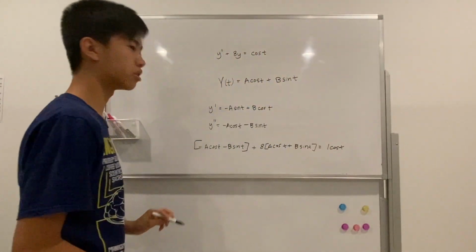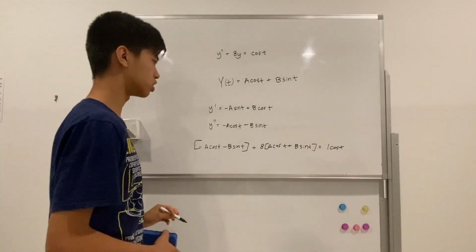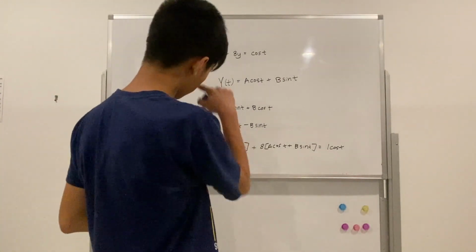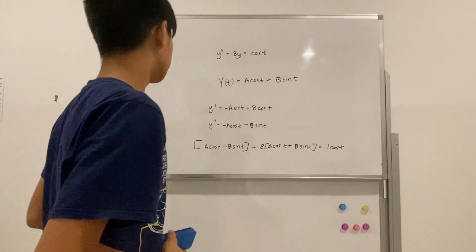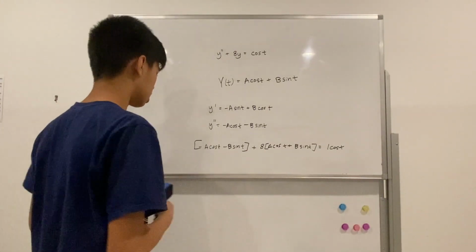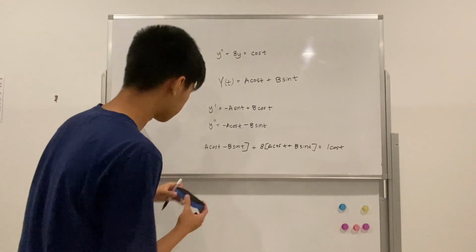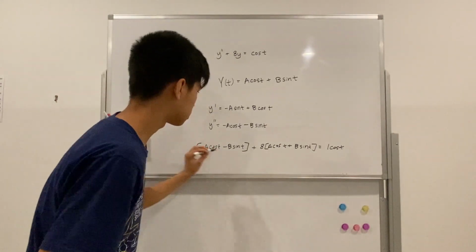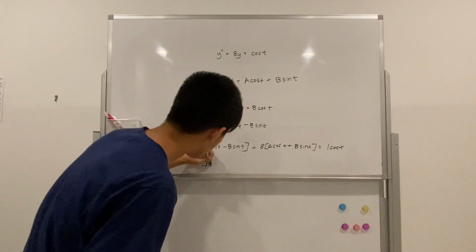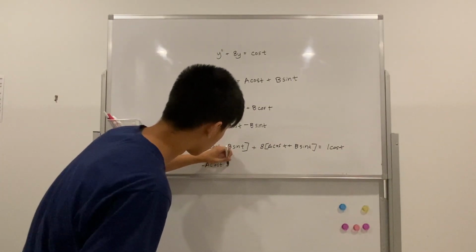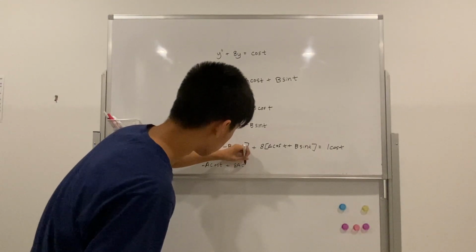So now we have a system of equations, kind of, rather than that weird non-existent thing with no solution. So we can say that negative a cosine of t goes together with 8a cosine of t.